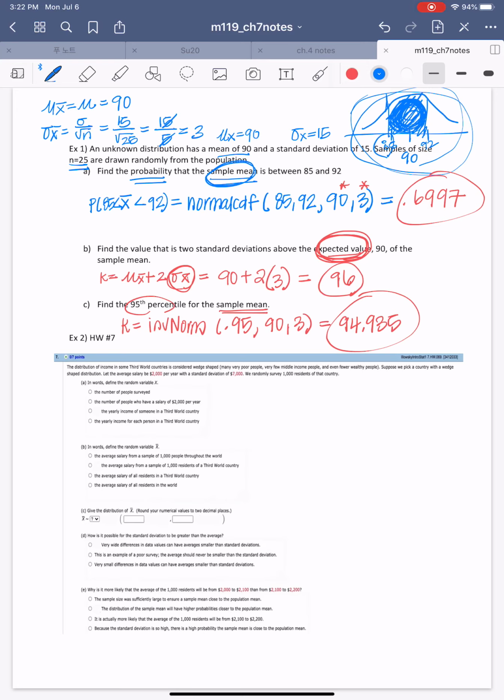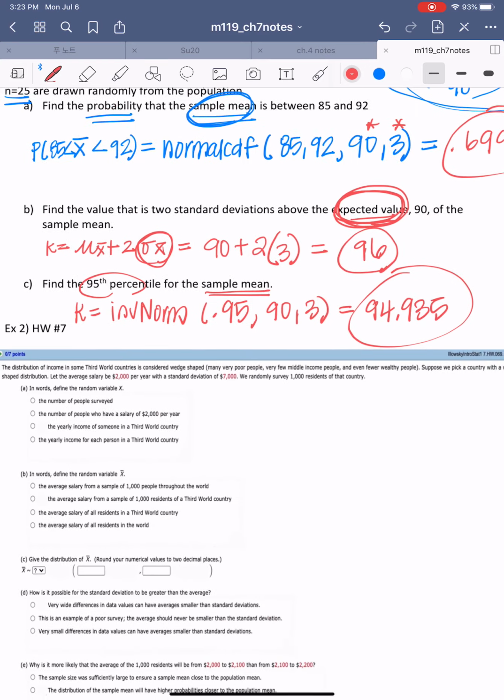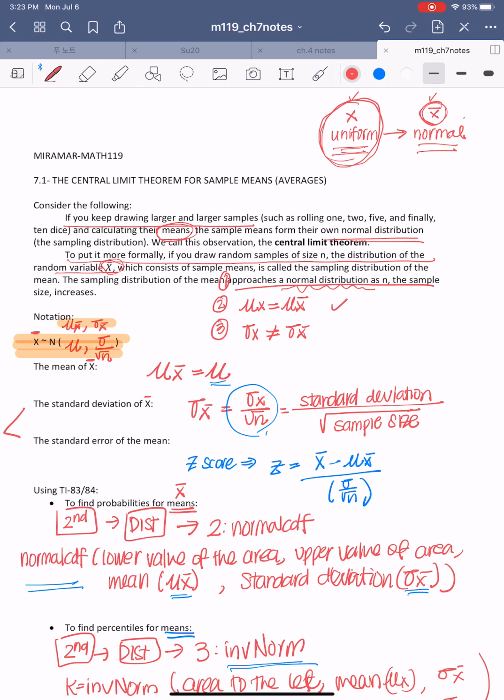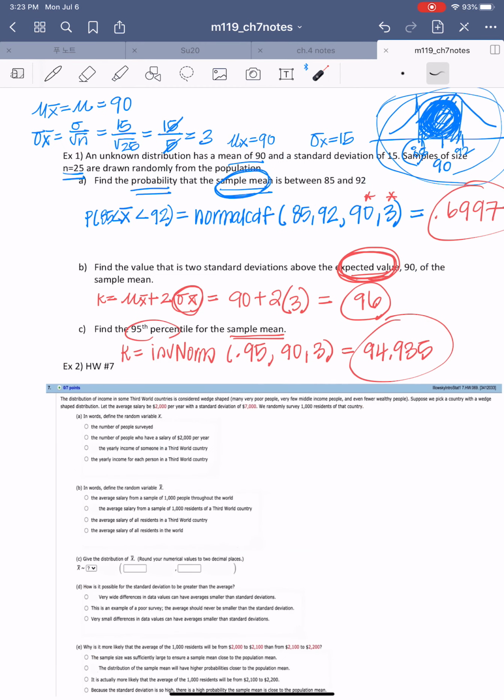Many very poor people, very few middle income people, and even fewer wealthy people. Suppose we pick a country with a wedge-shaped distribution. So it really doesn't matter what the distribution of our sample is, but this happened to be a wedge-shaped distribution. It's just telling you some extra information, like a uniform distribution.